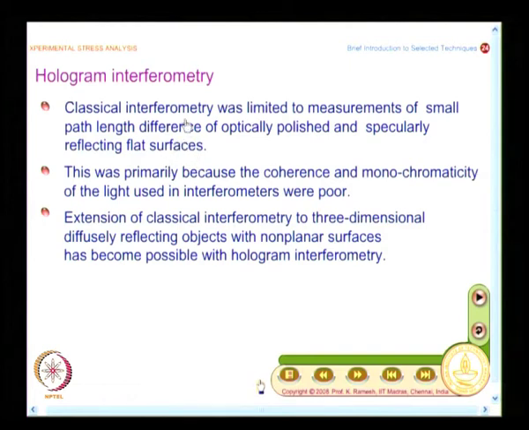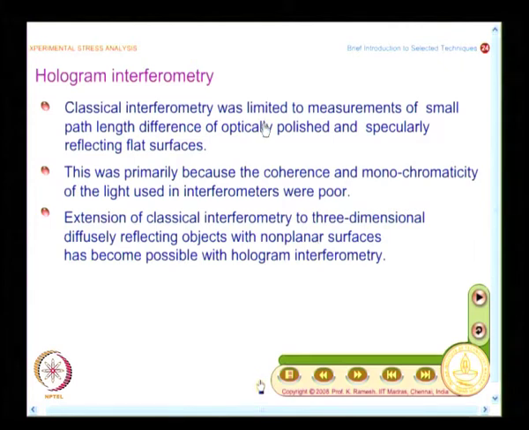And what happened in hologram interferometry was that extension of classical interferometry to 3-dimensional diffusely reflecting objects with non-planar surfaces became possible.